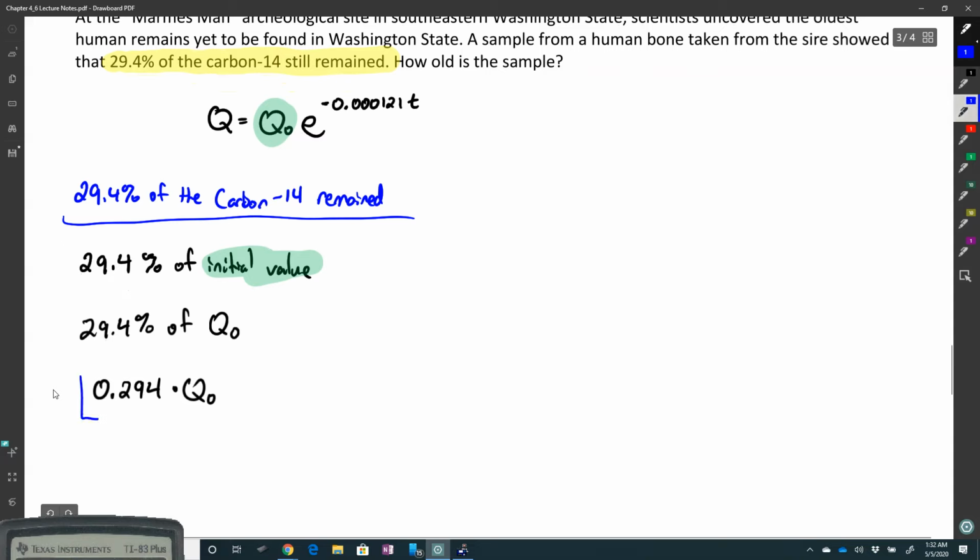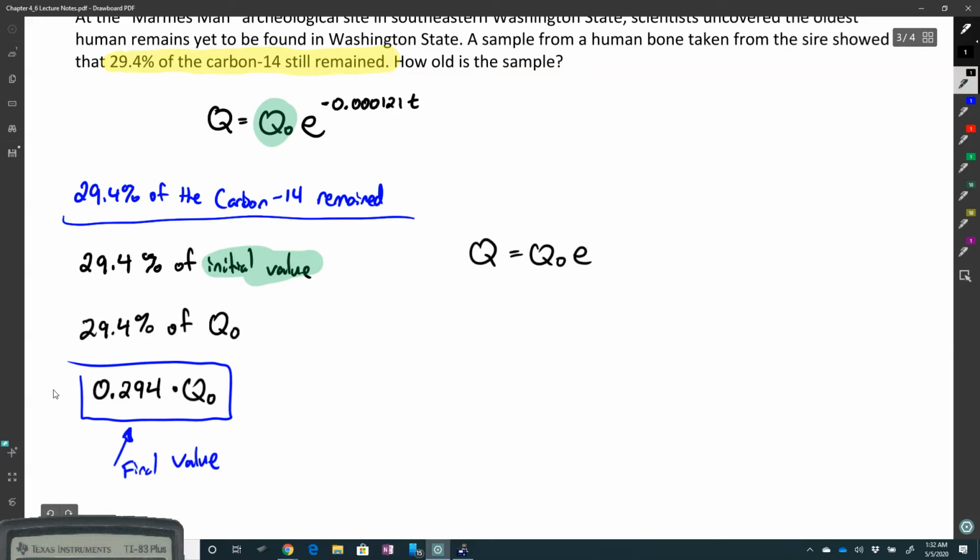So it turns out that this is my final value. And with that, we're able to actually solve the problem. So when we have Q equals Q naught e to the negative 0.000121t, this is really 0.294 Q naught equals Q naught e to the negative 0.000121t.